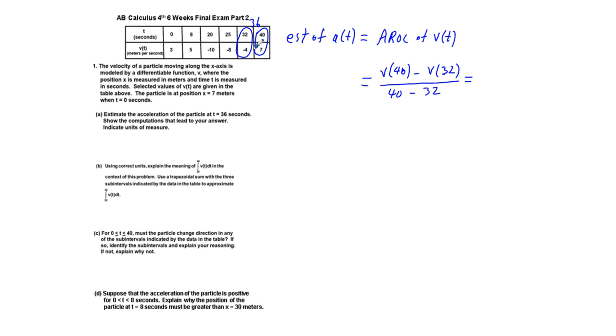And so we have here v(40) is 7, and v(32) is negative 4, so we have 7 minus negative 4 over 40 minus 32, so 8. So what we get is 11/8.